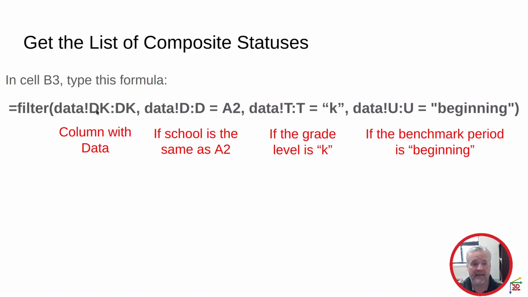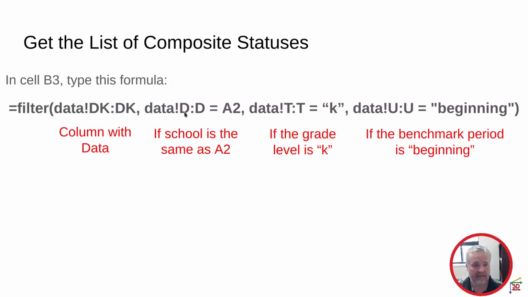So we want the data from column DK, which, if you remember, is the reading composite status data that we have. And we only want the composite statuses for the school that's in cell A2.